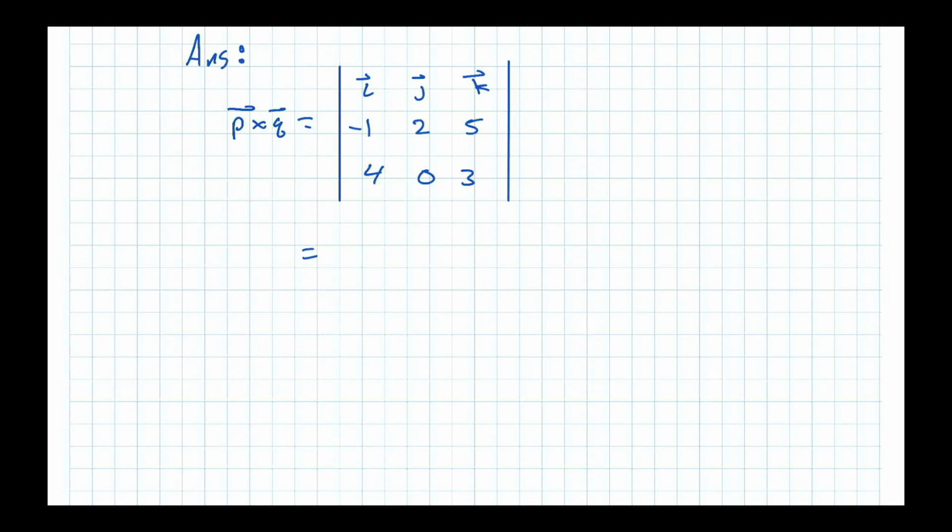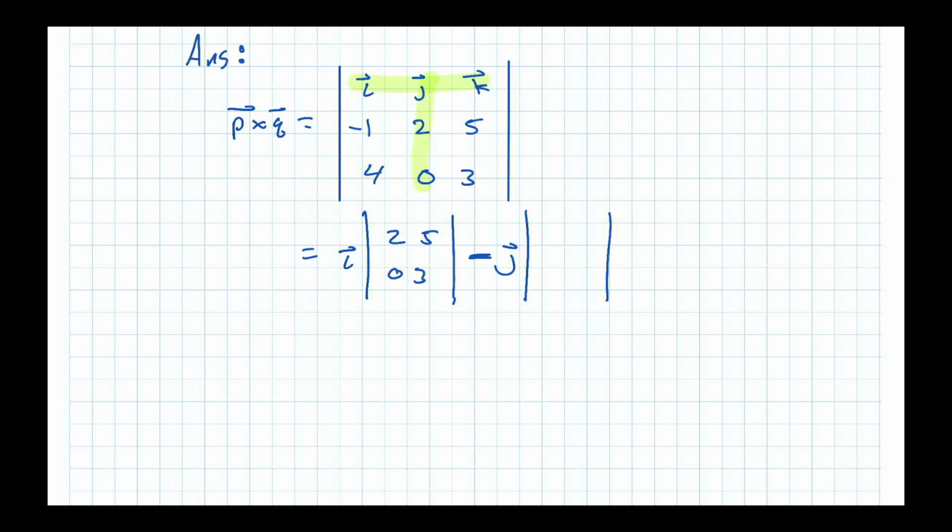So, right, you take your I, and then you have a 2 by 2, right? So you cross those out. So 2, 5, 0, 3, like that. And then you do minus J, right? Middle one's negative. Cross that out.